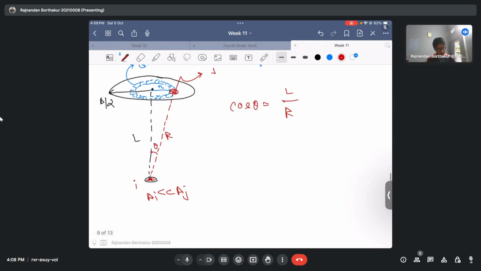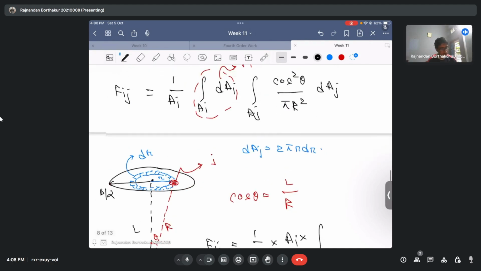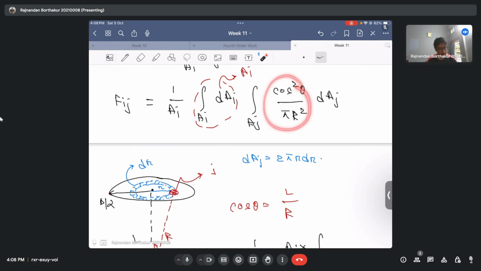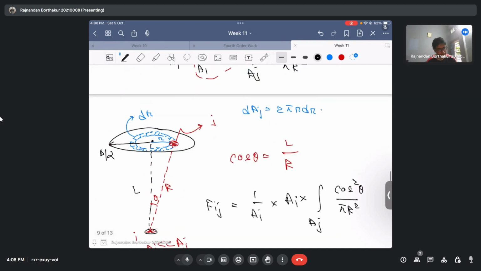So Fij can now be written as 1 upon Ai times Ai into, I need to integrate this over the entire surface of Aj. So that gives me integral over Aj of cos square theta by pi R square times dAj. So dAj, as we know, is just 2 pi r dr.